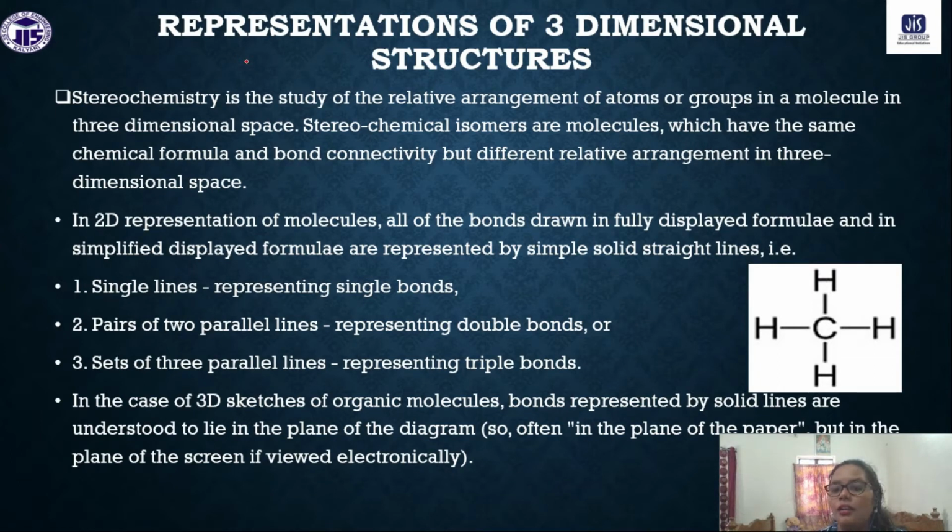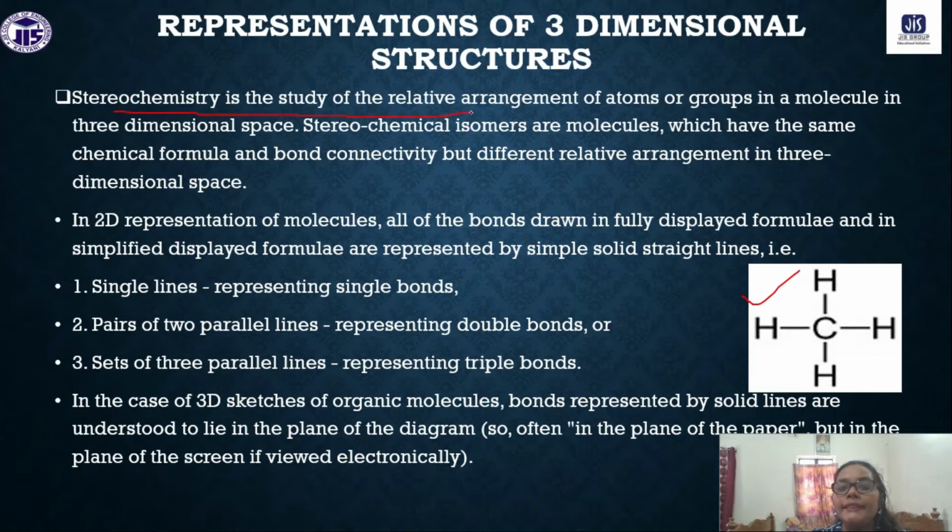Here, this is the two-dimensional structure, just one plane, an x and y plane, and this is a methyl group. Now we will see how we can represent a molecule in a three-dimensional structure.